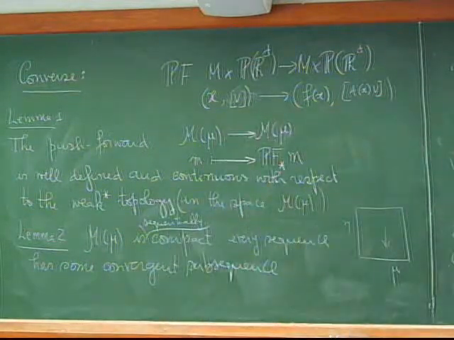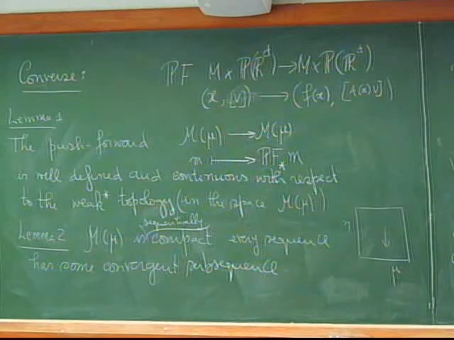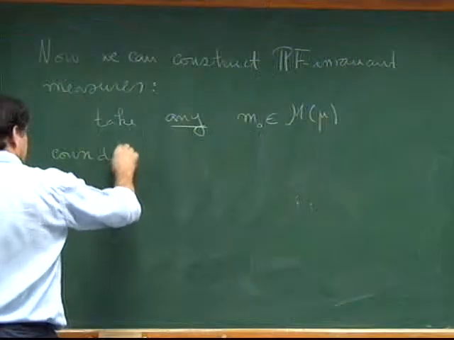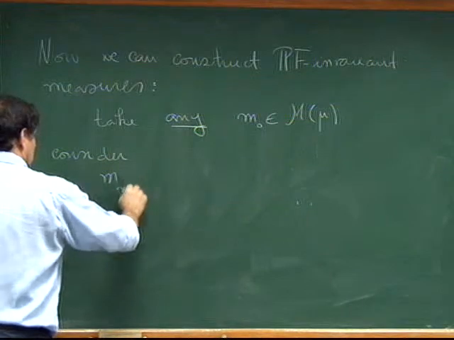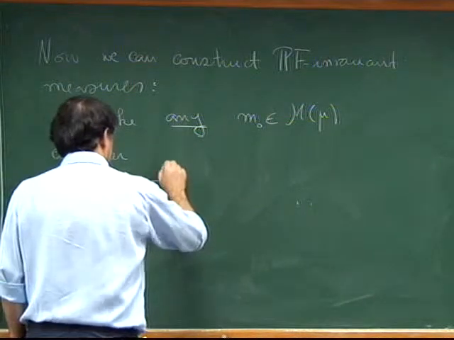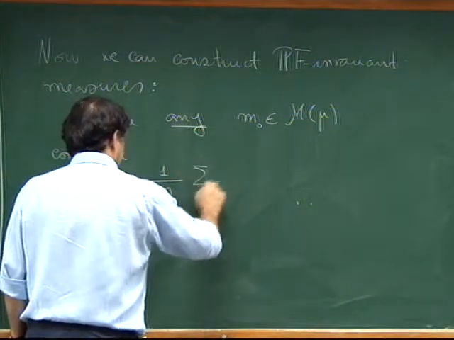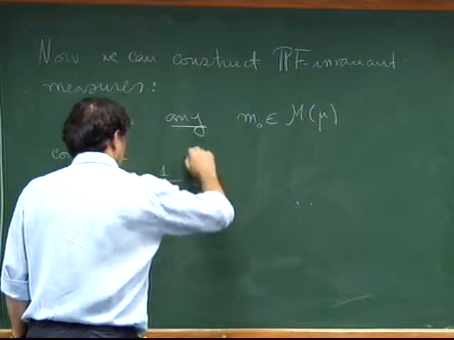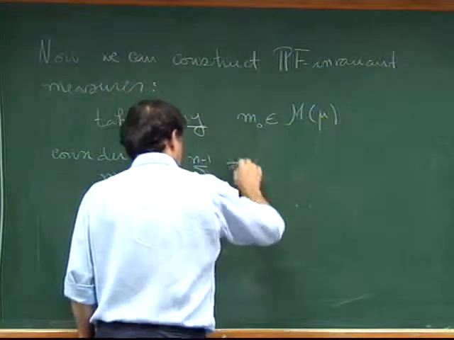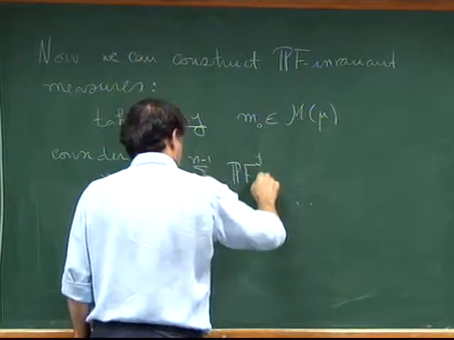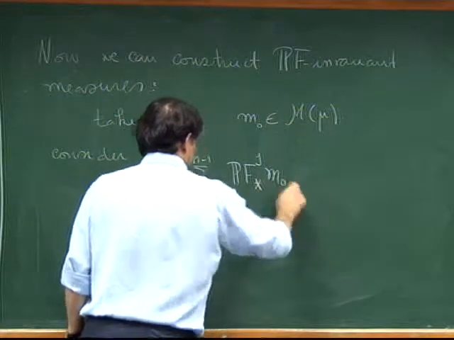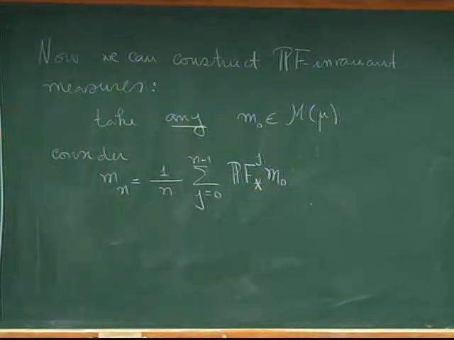Take any one. Then consider the sequence mn equals 1 over n sum, as I said, you take these limits, these averages.